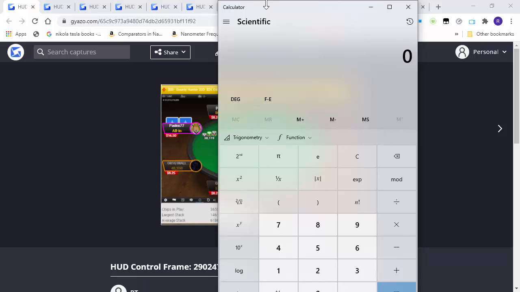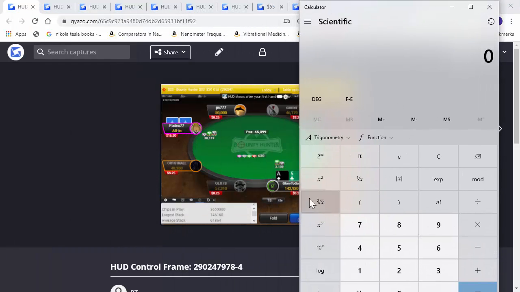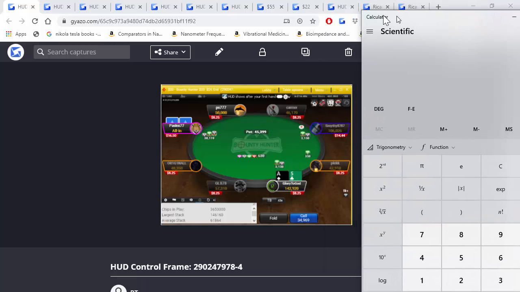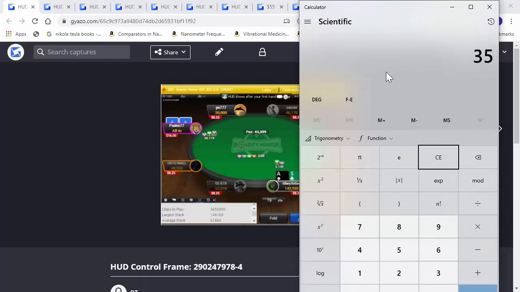My pot odds are the amount I have to call divided by the amount I have to call plus the pot. So it would be basically 35,000 divided by, bracket 35 plus 45, bracket, equals 43.75%.